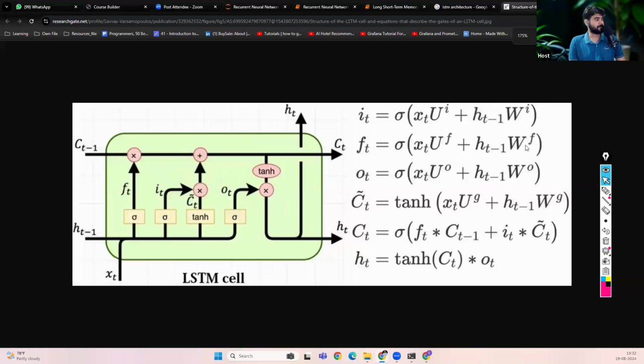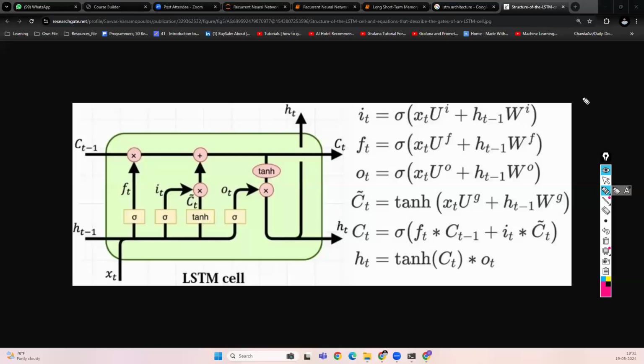Yeah, so this is visible. Please confirm once. Yes, sir. Okay, so this is the LSTM architecture that we have.